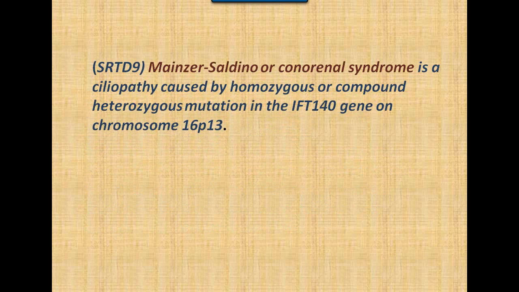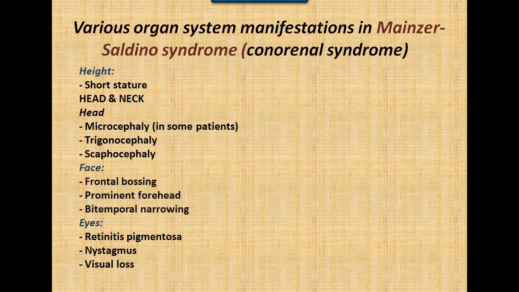Mainzer-Saldino syndrome or cono-renal syndrome is a ciliopathy caused by homozygous or compound heterozygous mutation in the IFT140 gene on chromosome 16p13.